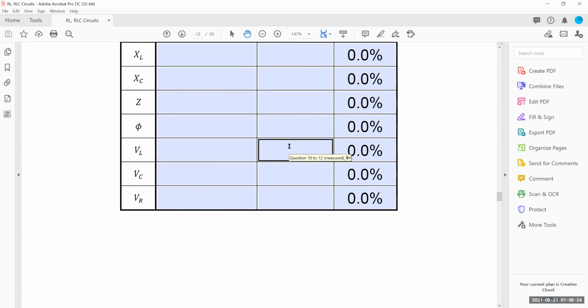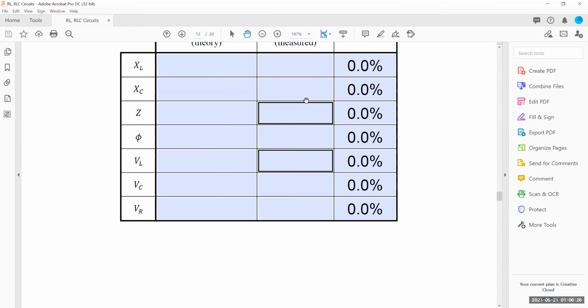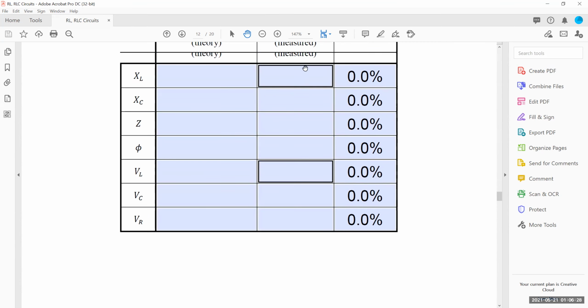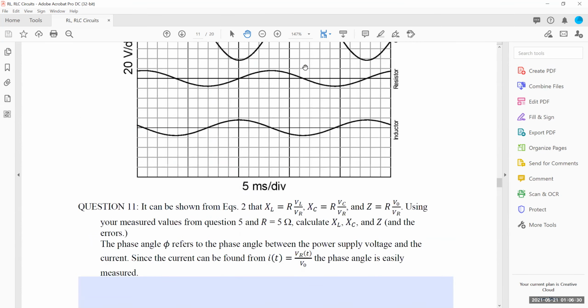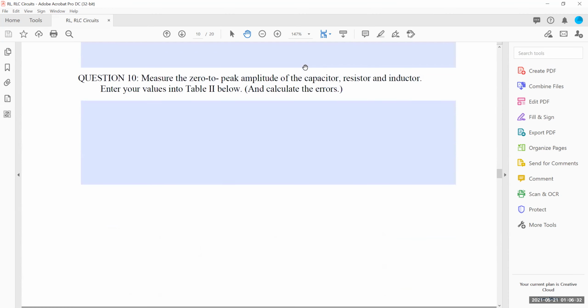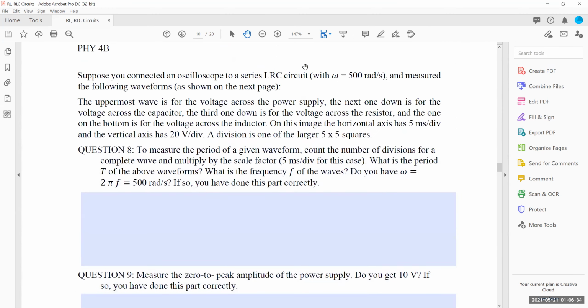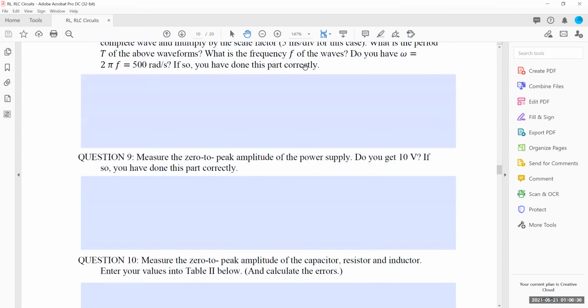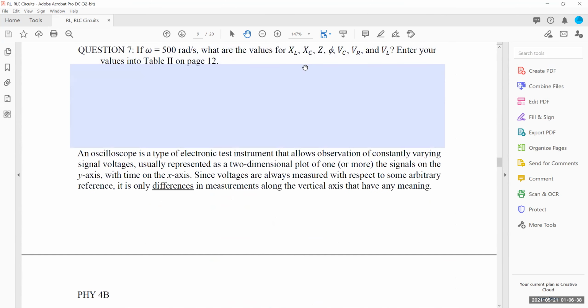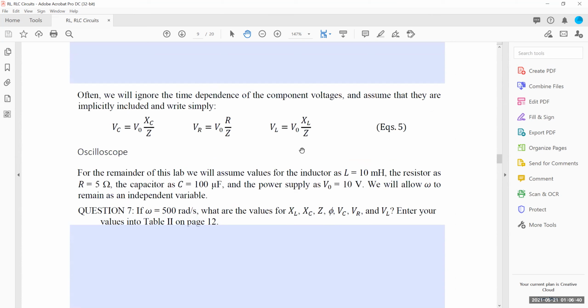Then now comes the hard part of finding what Z is, what XL is, and what XC is. If you solve these equations backward, let me go back into the equations. Actually, it tells you in here. So XC, because you measured VC and you measured V naught, and you have the value of Z, you can find what XC is.